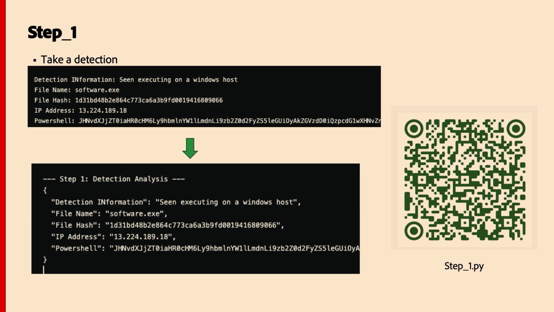Very simple, very clear cut. There are features within the frameworks that I used, or OpenAI, that do this automatically. And it's a wonderful resource. So you can see here, we just got a simple detection: a file name, a file hash, an IP address, and then right there, a base64 encoded PowerShell command. And the output is that object.